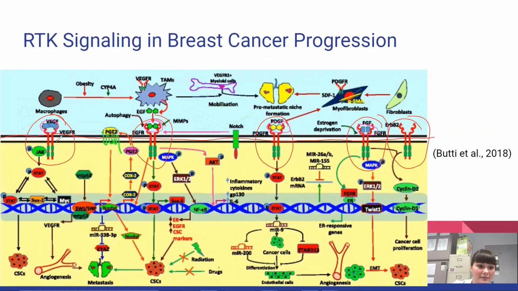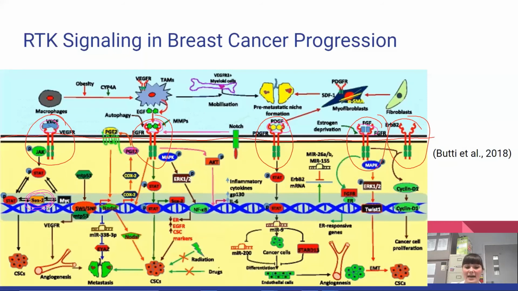So when those are bonded, when those RTKs are active, we see different signal transduction pathways happening. So over here, the VEGF ligand is going to bond here and activate this particular RTK, which will then start the JAK-STAT pathway, which then after that induces the SOX2 expression, which we see down here.